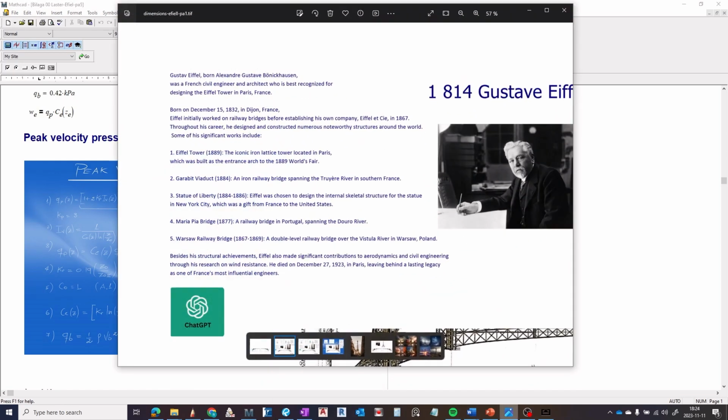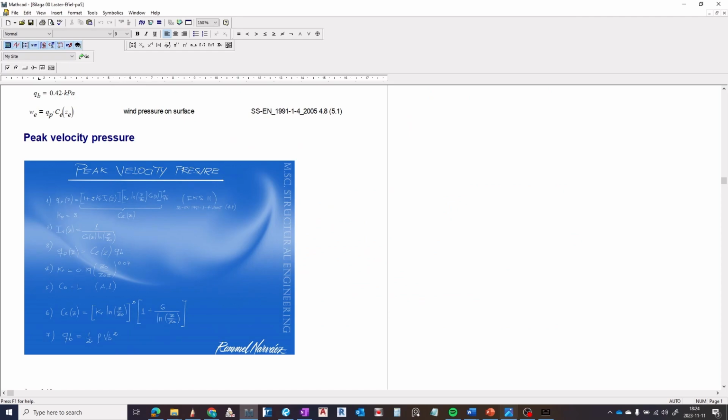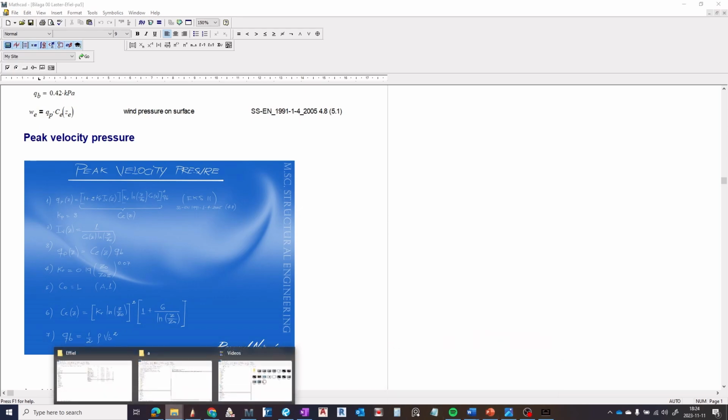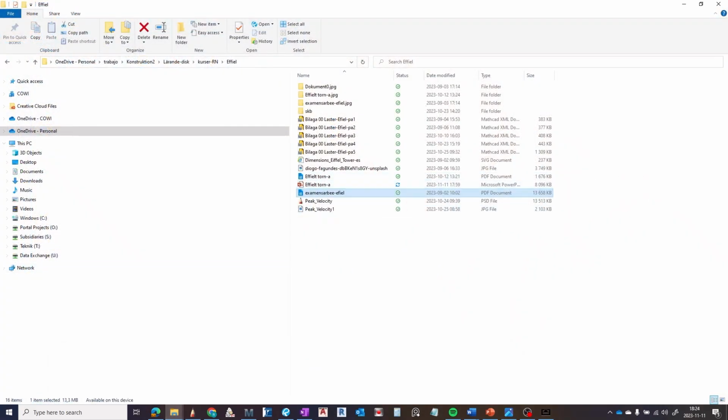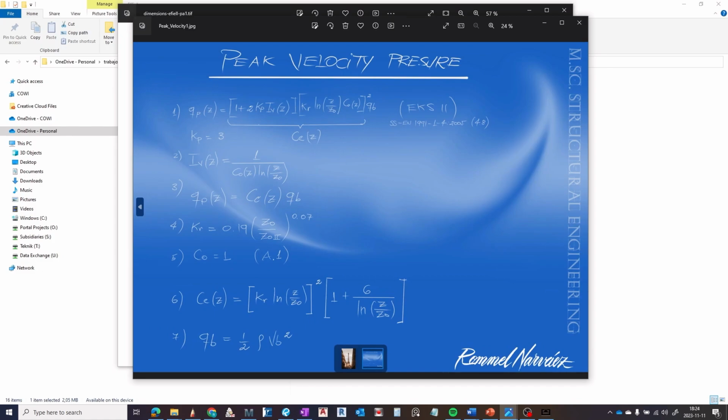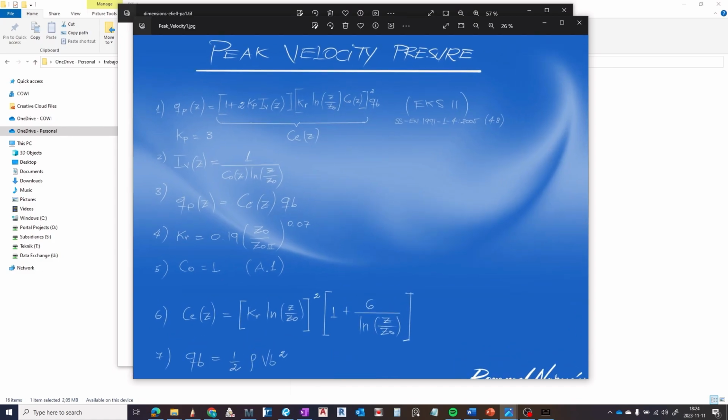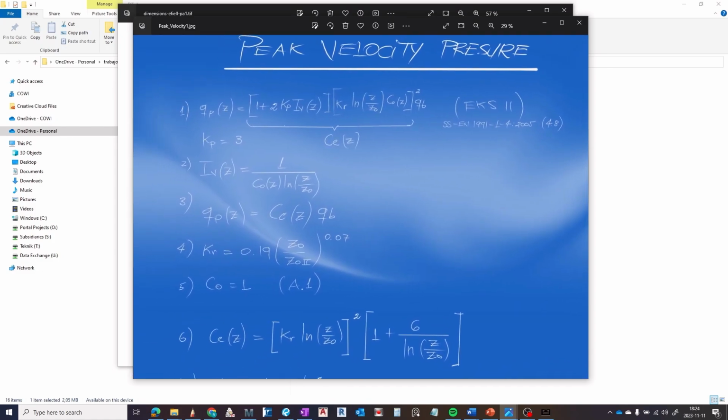We will see if I have it here. Okay, maybe, where is this picture? Tower. Here's the velocity pressure. You see here the peak velocity pressure, the equation, and I can show you that you can find it in the Eurocode.